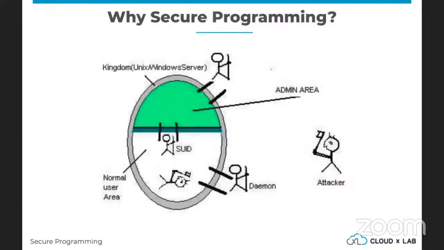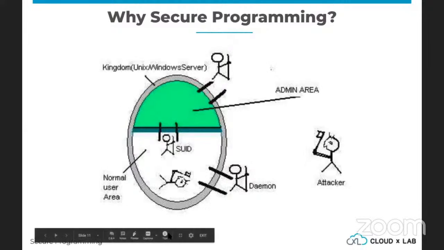When we think about computer security, this is the diagram you should keep in mind. This is your server, this boundary that you see. I'm not very good at drawing.